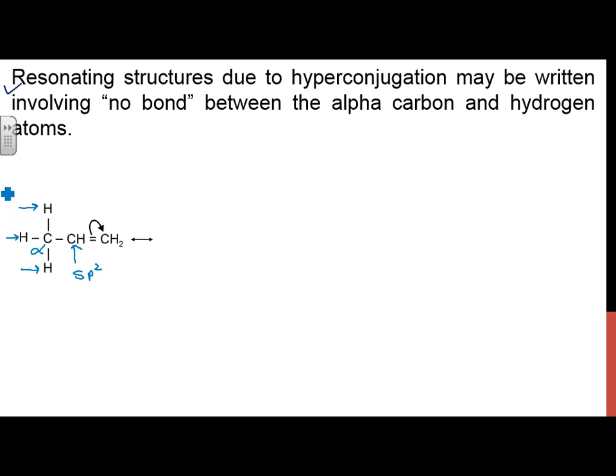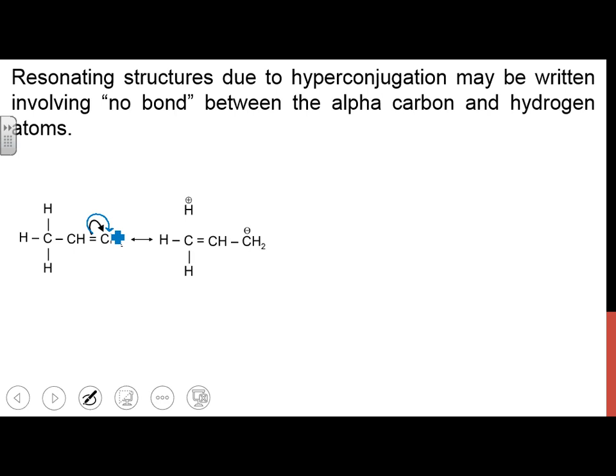Suppose due to certain chemical reaction conditions, this double bond sits over here. Then here it gets an extra electron. What has happened? Let me explain again. This double bond has shifted over here.